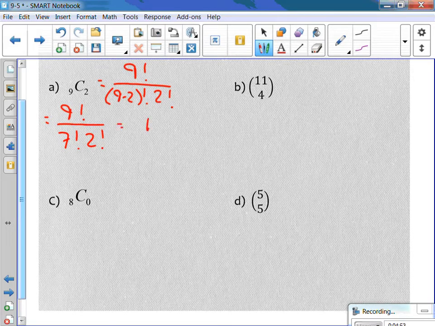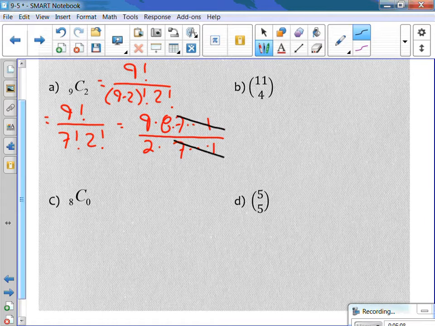Simplifying, we write that expansion on out to where we can cancel things out. So the 7's on down to the 1's canceling. And here this 2 goes into 8 4 times. 9 times 4 gives us 36.